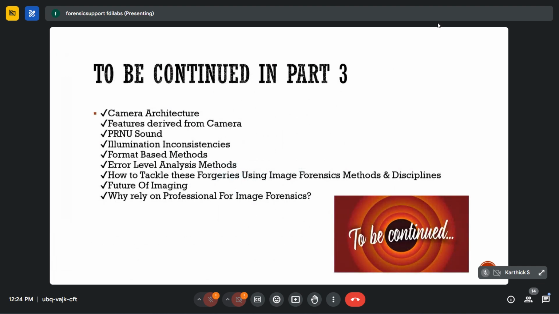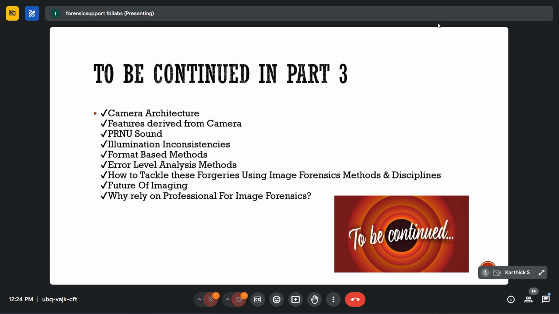In the upcoming part we'll be seeing the camera architecture, more advanced forensic analysis methods and their explanations, and how to tackle these types of manipulation techniques using these forensic methods. And what is the future of multimedia forensics?